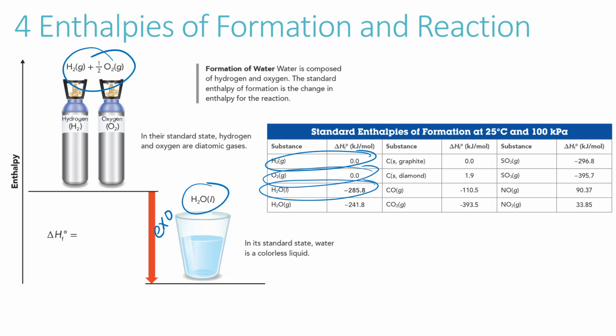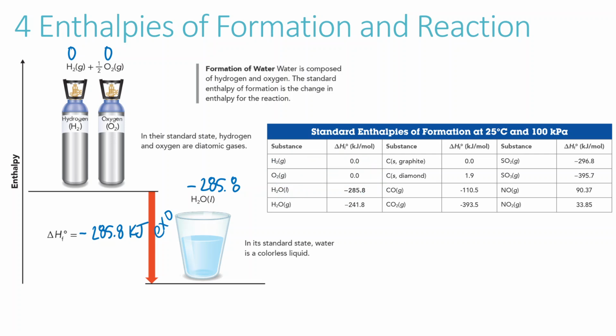So essentially, my reactants here are starting off with a value of 0, and my product has a value of negative 285.8. So this means that for my reactants to become products, they're going to need to release 285.8 kilojoules of energy. So by using the values in this table, I'm able to figure out what delta H of this reaction is without having to actually do the reaction.